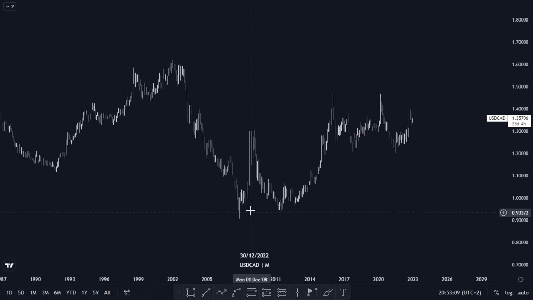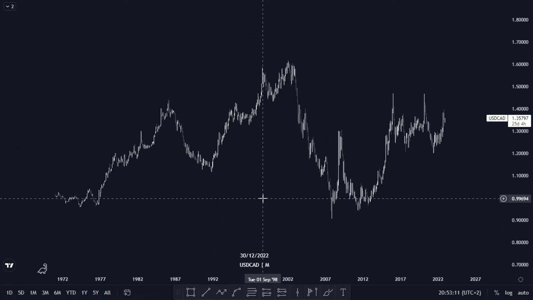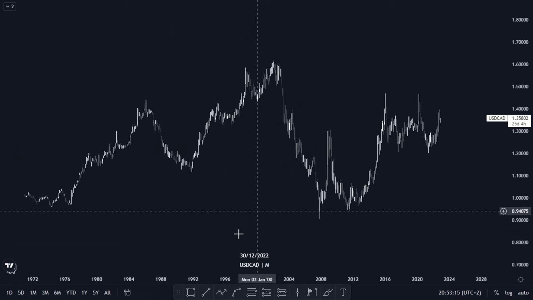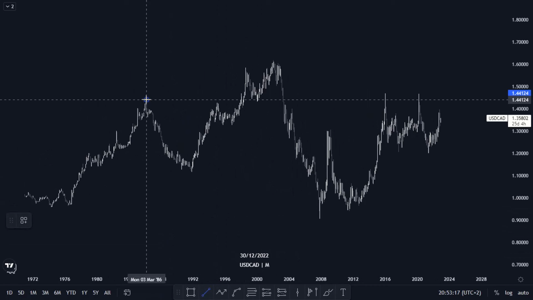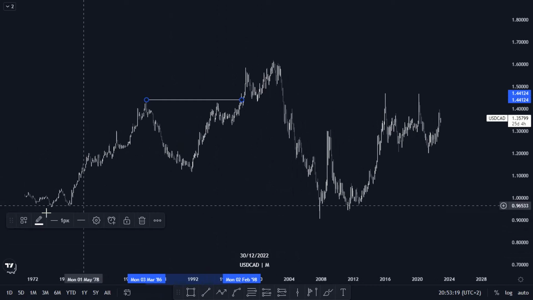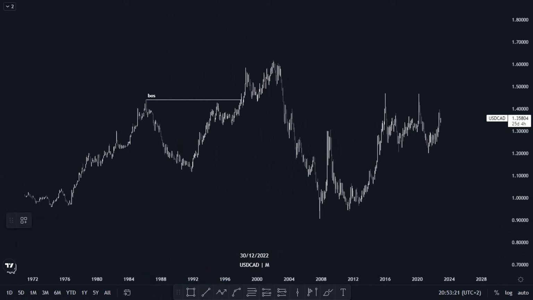So here we have USD CAD on the monthly time frame. On USD CAD we can see that we have this beautiful break of structure here, and this beautiful change of character here.